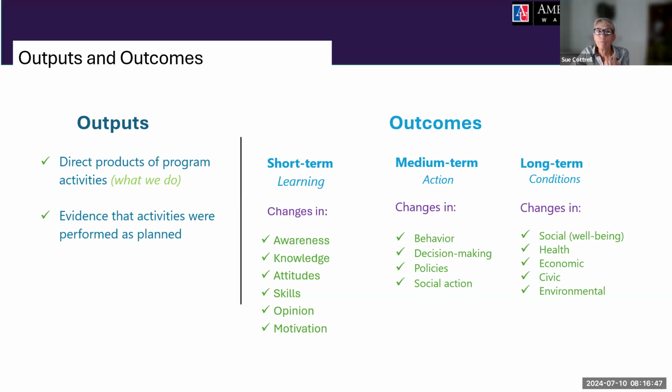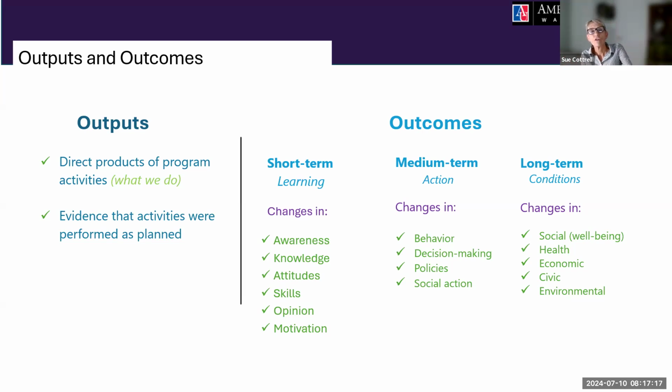Medium term is action. So you take that awareness and you change your behavior. You change your decision making. You upgrade or update or change your policies or your social action. Those are medium term, because the long term are changes in conditions. So social well-being, health, economic, civic, environmental, those are the long-term conditions.